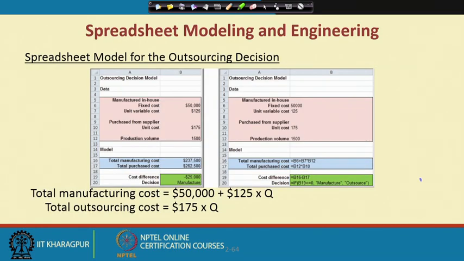Here is another situation where the Excel sheet can help you a lot to make management decisions. This is an outsourcing decision, where we are interested to know the cost difference in a particular industry when you move from one situation to another.